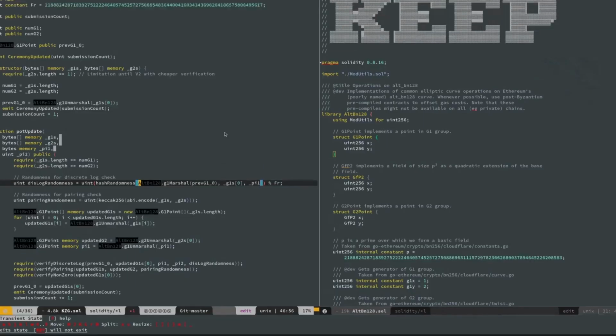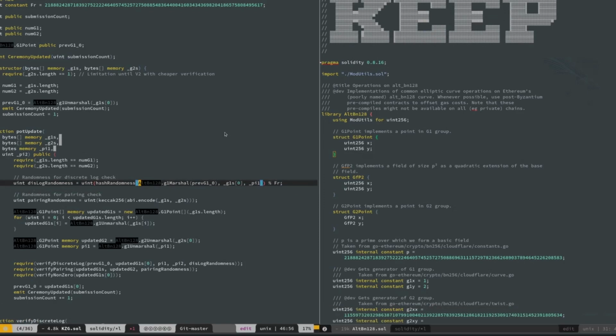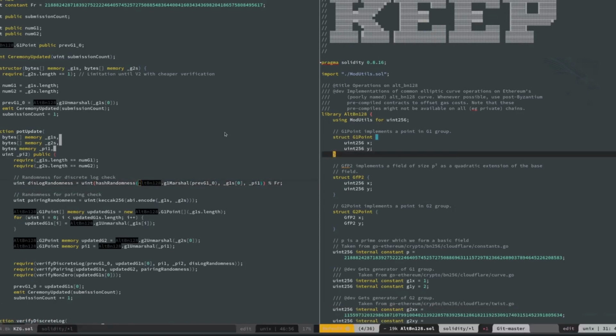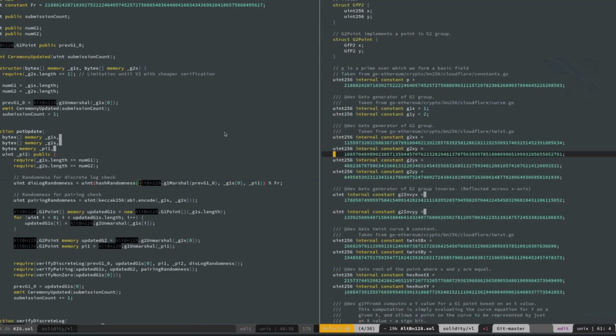And the elliptic curve group is, so I'm not too sure what BN128 is, but it is a specific type of elliptic curve, right? Yeah, okay. And this library on the right-hand side is all to do with that particular group. And we can see here that we have another big number, and it says P is a prime over which we form a basic field.